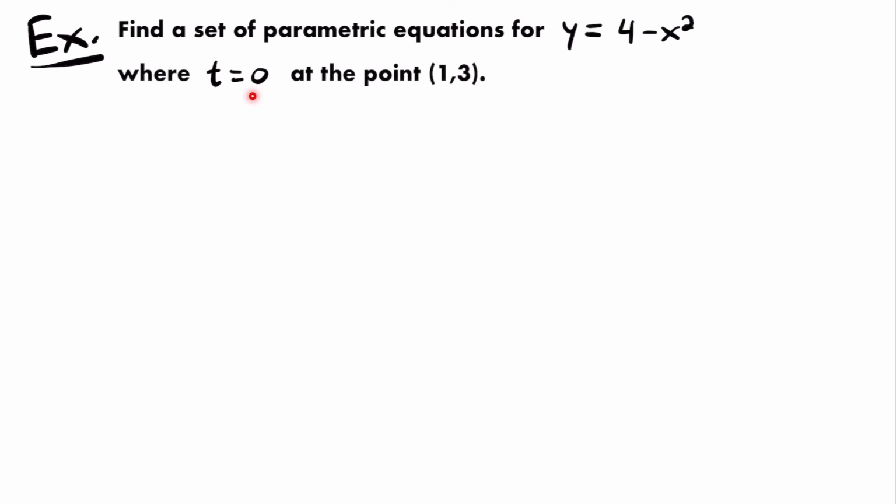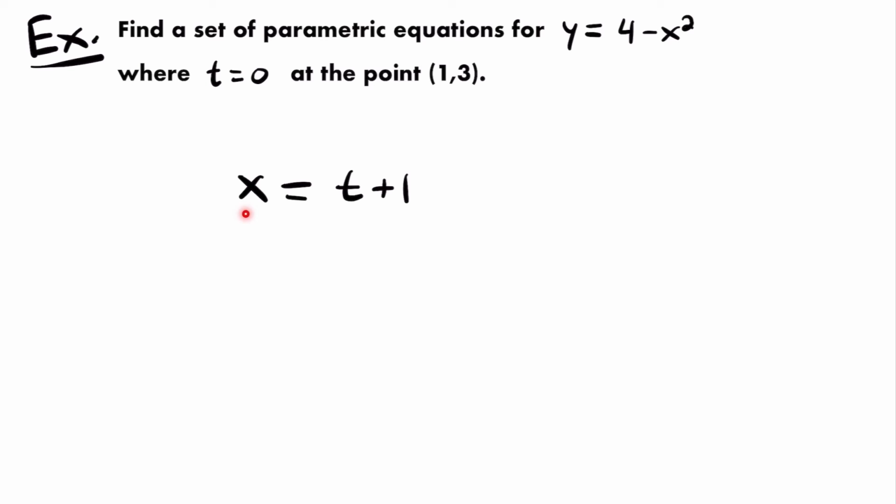We know that when t equals 0, x equals 1, so if we let x equal t plus 1, now that condition is satisfied, right? When t equals 0, our x value is 1, so 0 plus 1 will give us x equals 1.